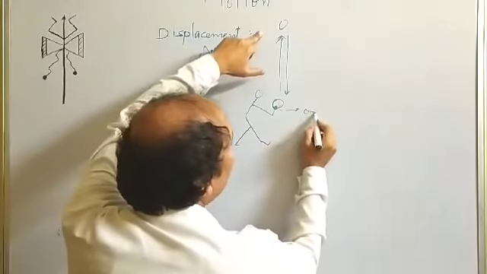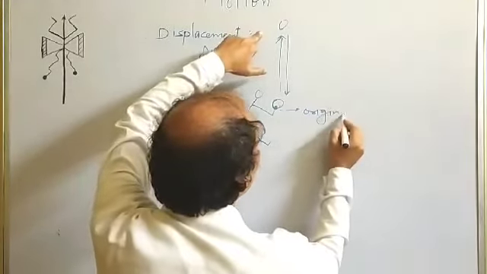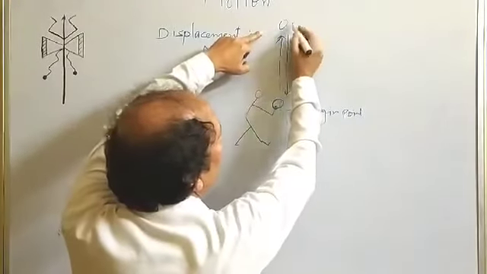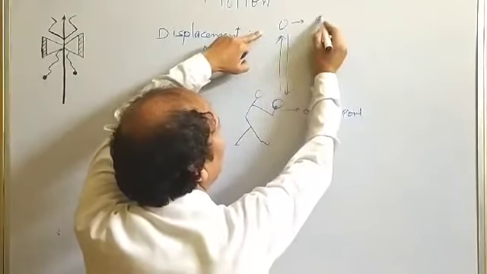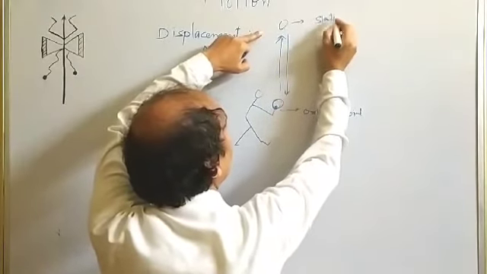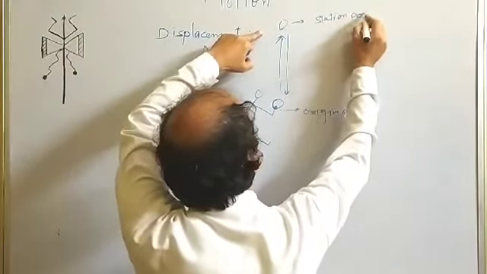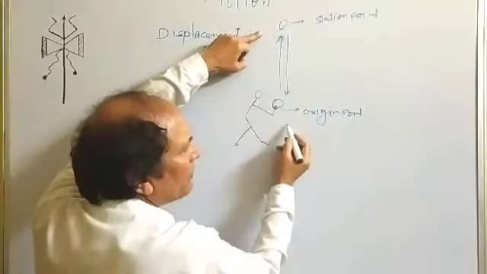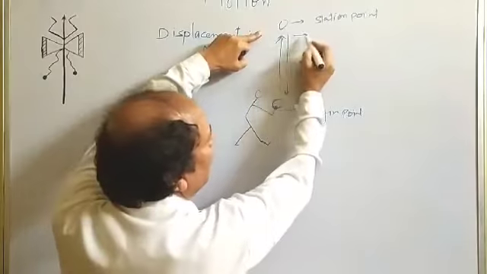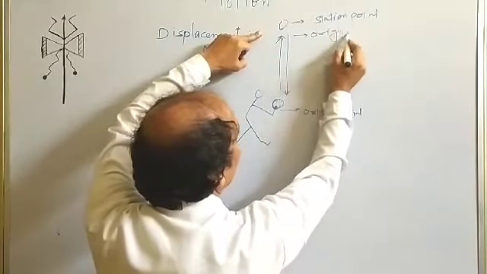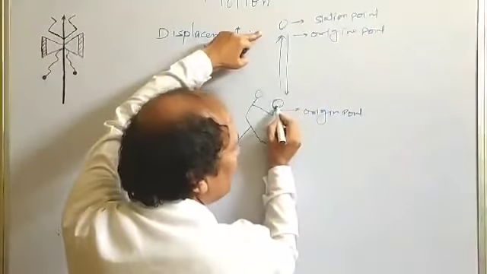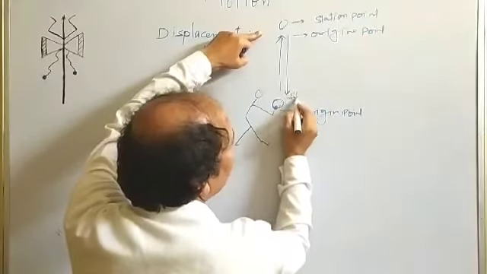So that is the origin point. After that it goes up, and now it stops: station point for moving up. But when it comes down, here will be the origin point, and now it stops in the hands, so that is the station point.